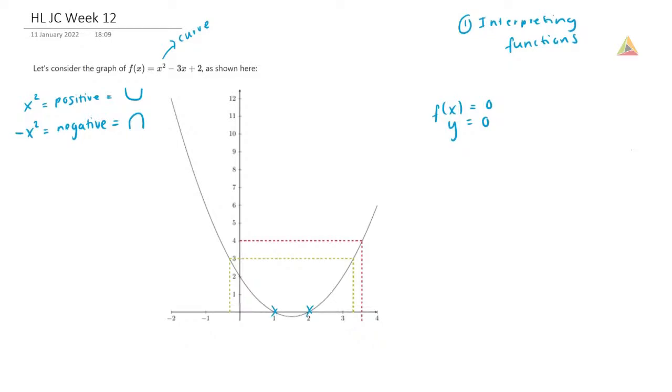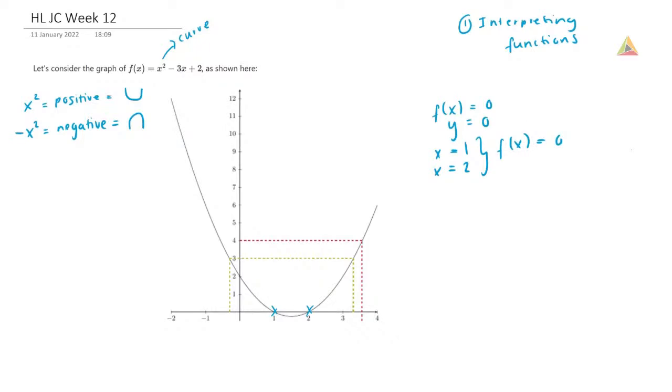So those two values, when f of x is 0, sorry, I made a mistake there now. So x is going to be equal to 1 and x is equal to 2. So they're both the points where f of x or y is equal to 0.